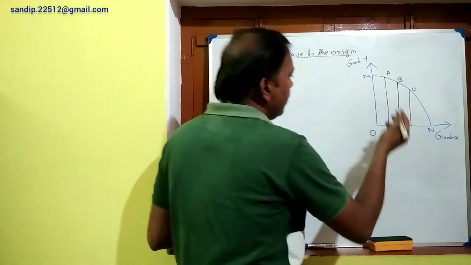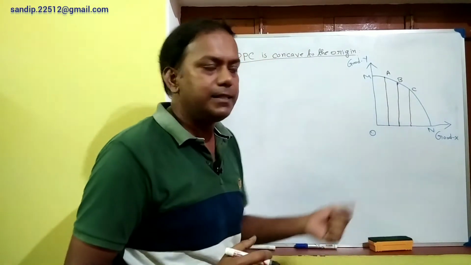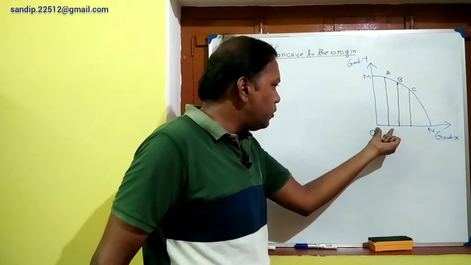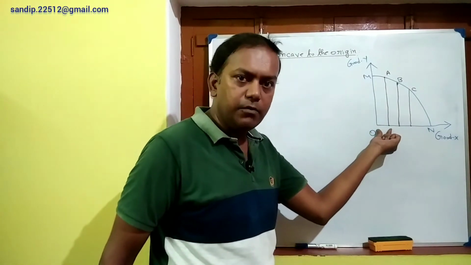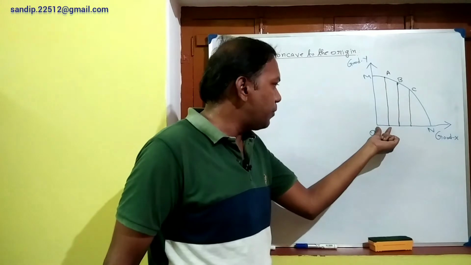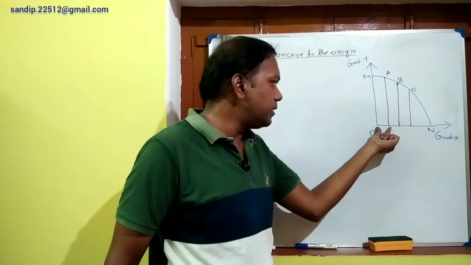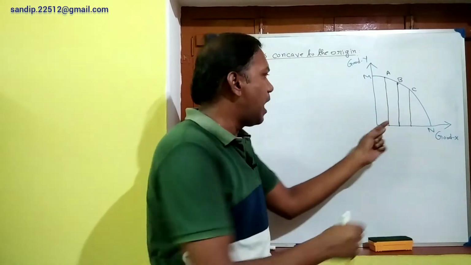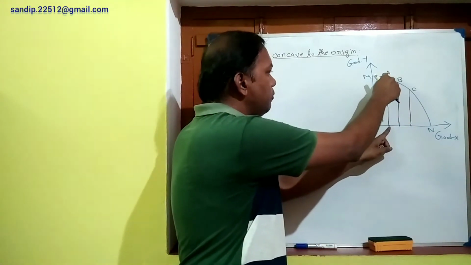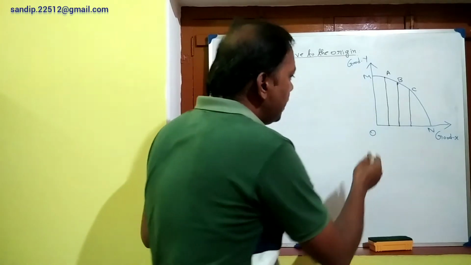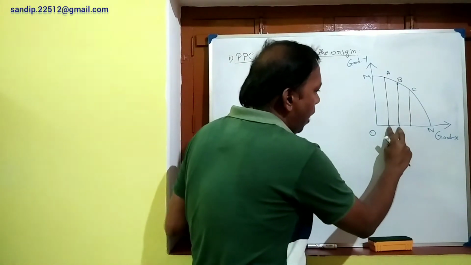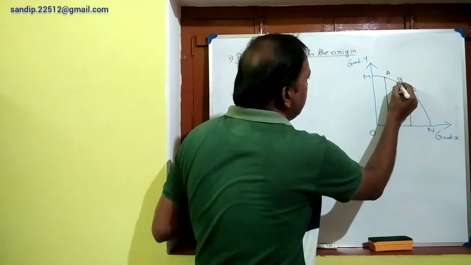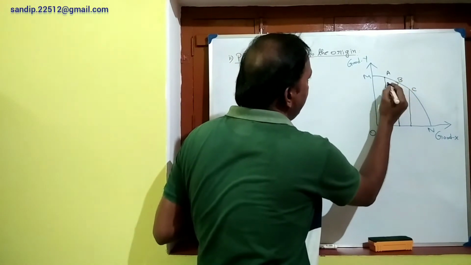Okay. Now what is the concept? See, if a producer produces 1 unit of good X, then using the resources, this much amount of good Y he is producing. Similarly, for 1 extra unit of production of good X, how much good Y does he have to sacrifice?